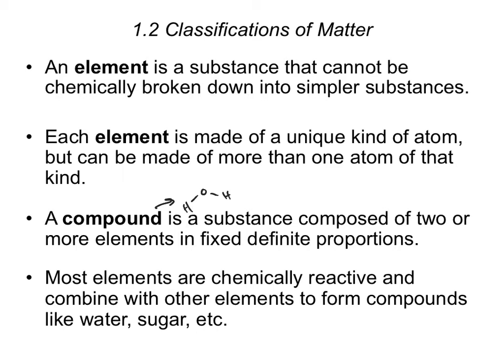We know water is made up of oxygen and hydrogen atoms. If I break that down, can I get something simpler? Yes, I could get just individual oxygens and individual hydrogens. This is what we mean by a compound as opposed to an element. If we were looking at just carbon, can I break down carbon and still have carbon? No. That's what we mean by an element.